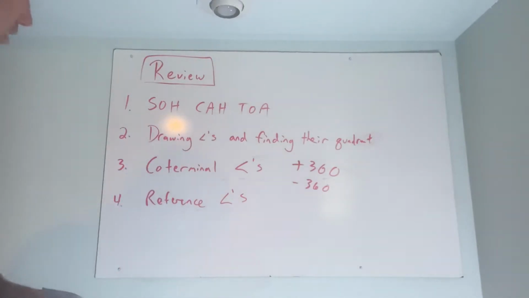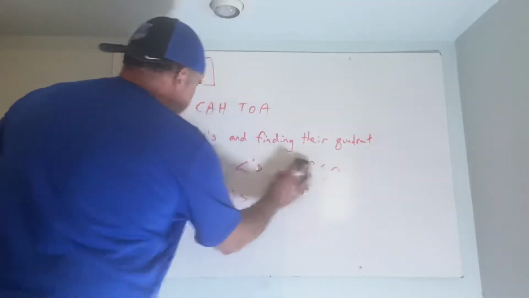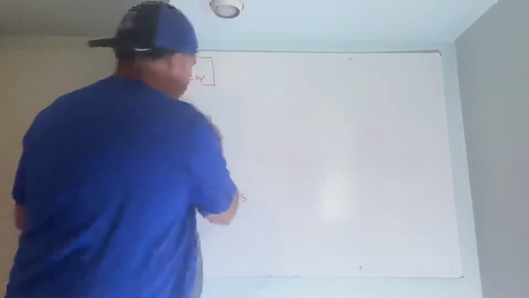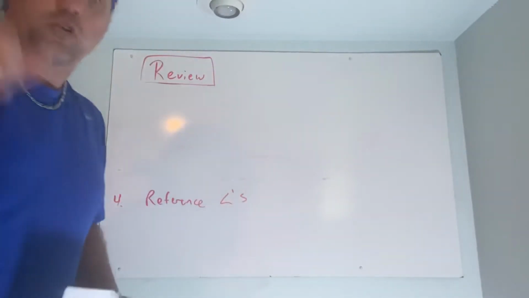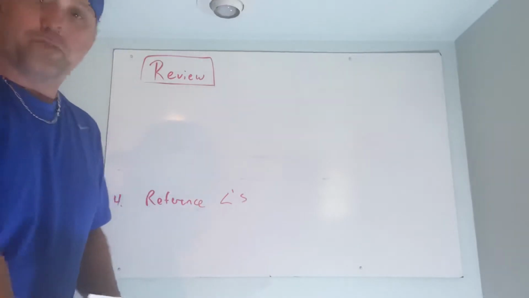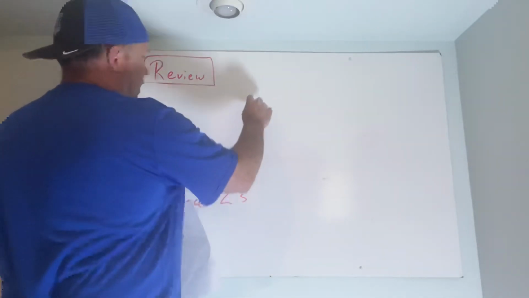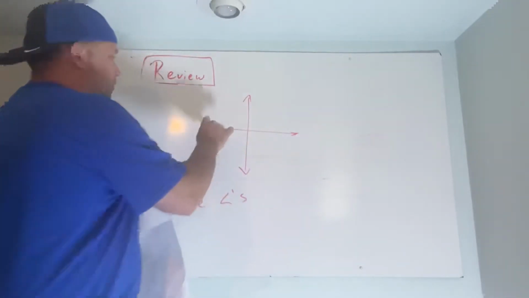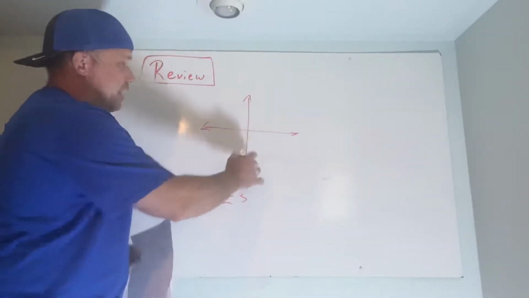This might be the one that's the trickiest of all of them. You have to remember that reference angles are formed with the x-axis always. They're always positive, they're always acute. All right, one of the things that I got from feedback on the homework for this one was some of you trying to use the y-axis accidentally.